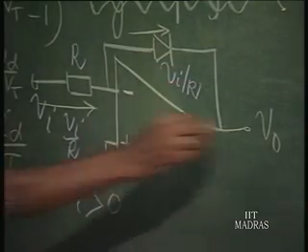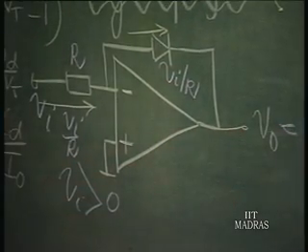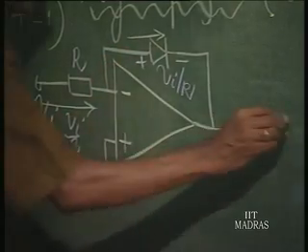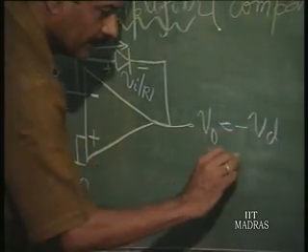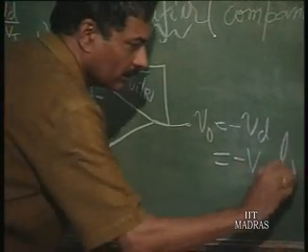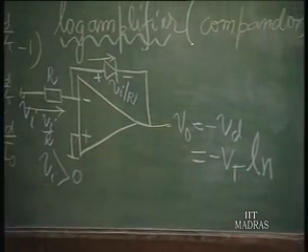and therefore, the voltage across the diode is going to be the output, plus here minus here, therefore it is minus V diode, which is minus Vt log, okay. What is I diode?